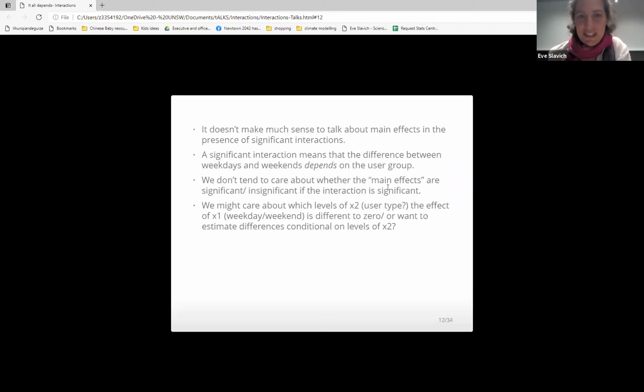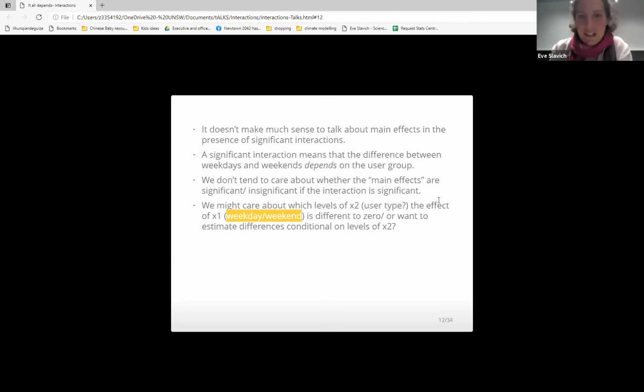We don't tend to care about whether the main effects are significant or insignificant if the interaction is significant. But one thing we might care about is which levels of one of the variables, like user type, the effect of the other variable, like weekdays, is different to 0.